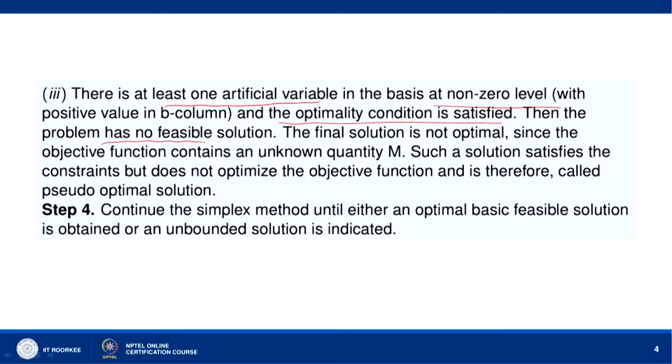Then the problem has no feasible solution, because there is at least one artificial variable in the basis at non-zero level, and so the final solution is not optimal because the objective function contains an unknown quantity M. Such a solution satisfies the constraints but does not optimize the objective function, and therefore is called a pseudo optimal solution. Now, in step 4 we continue the simplex method until either an optimal basic feasible solution is obtained or an unbounded solution is indicated.